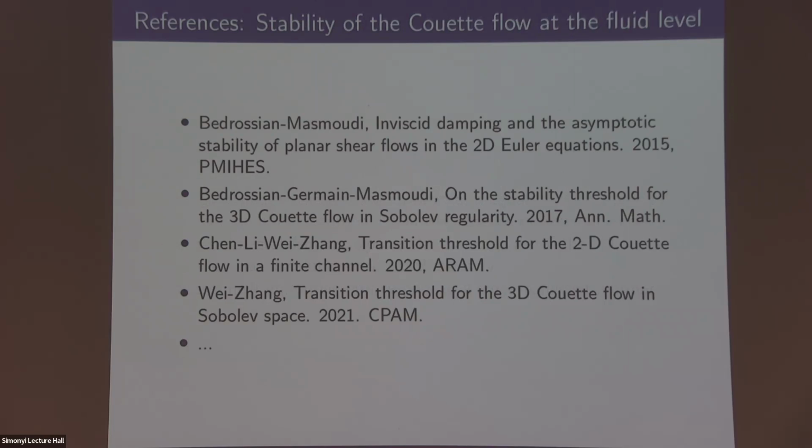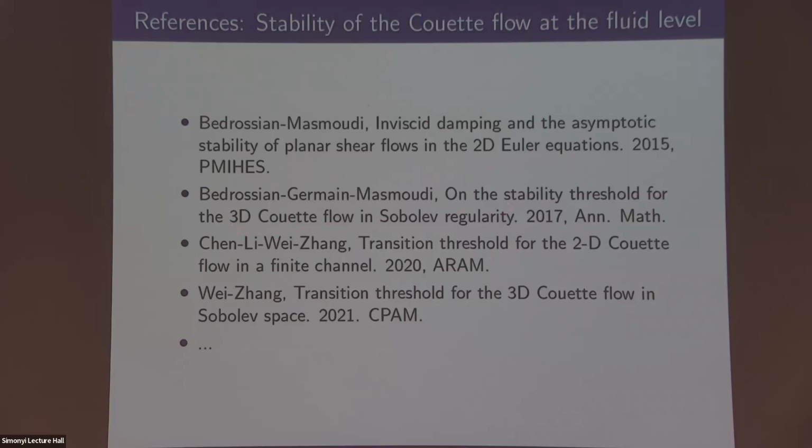Okay, I want to mention a few previous results. Stability of the Couette flow of the fluid: Bedrossian and Masmoudi, inviscid damping and asymptotic stability of planar shear flows for 2D Euler. And in 2015, and then Bedrossian and Germain-Masmoudi studied the stability threshold for 3D Couette flow in 2017.